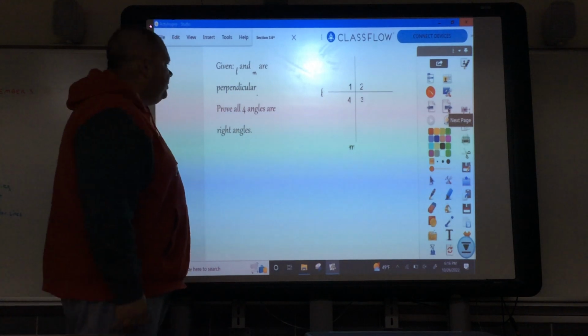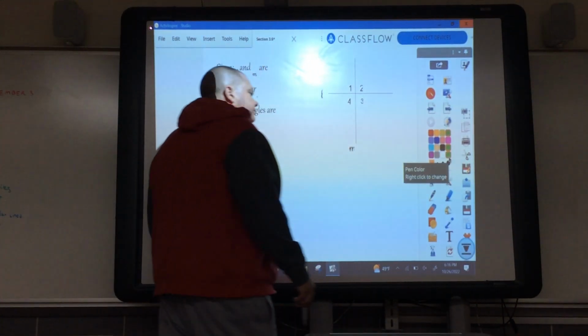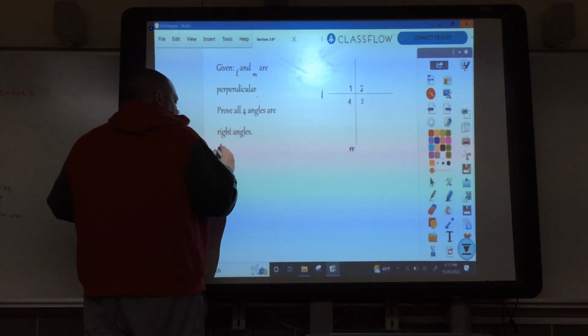Alright, given that L and M are perpendicular, we're going to prove that all four angles are right angles. Okay? So we're going to write this in paragraph form. Okay, and this will be kind of an adventure with the way the board's working.